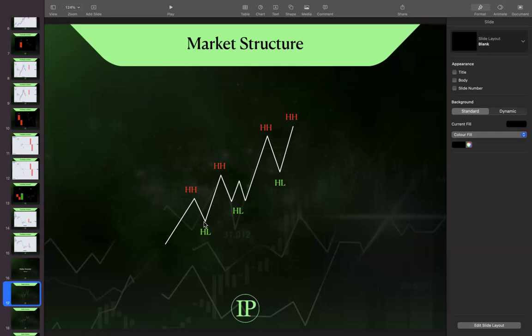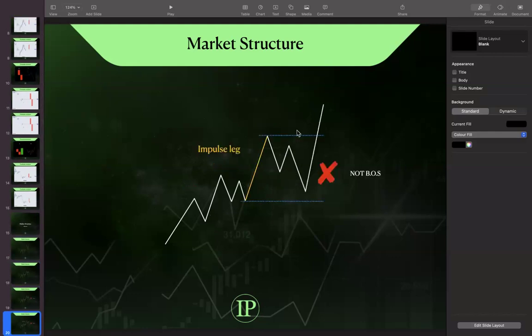Anything that happens between the low and the high of that impulse is a pullback. Anything between the high and the low of the impulse, the one that created a new high, a higher high, right? Anything in between those two is a pullback. That's an impulse, that's a pullback right there, okay?